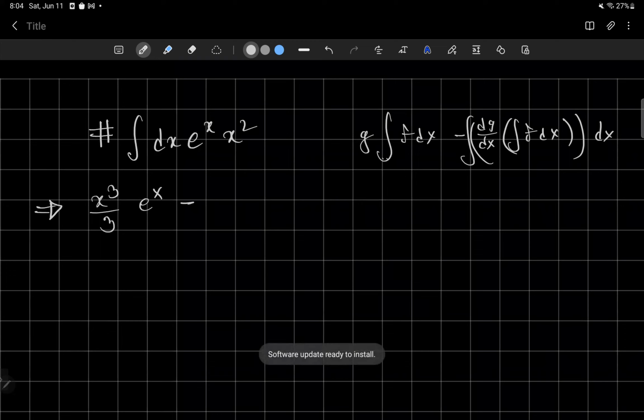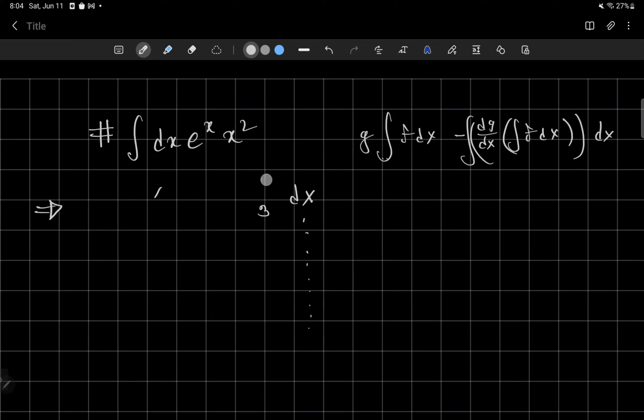That's just e to the power x, right? And no matter how many times you differentiate e to the power x, it's just e to the power x, right? So this is something you need to look out for, because in this way this integral never gets exhausted. It will go on and on and on.